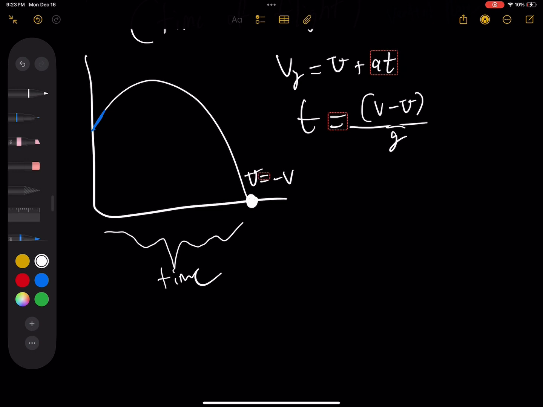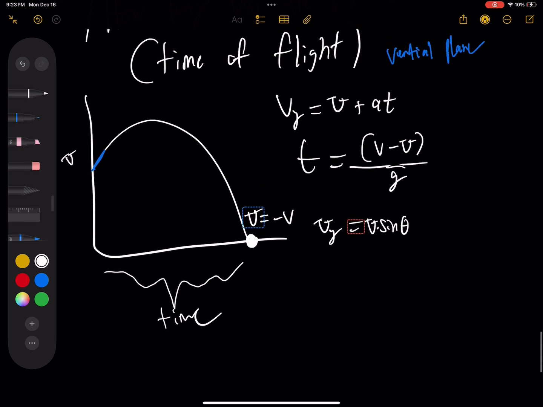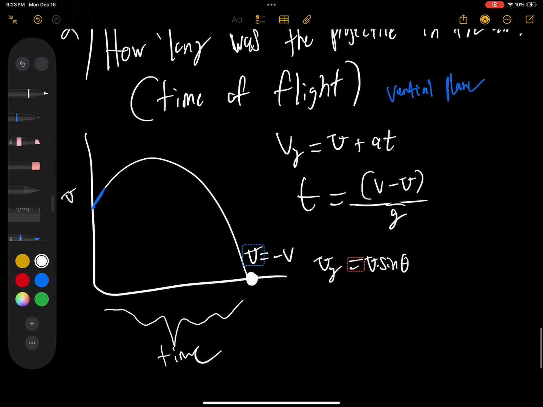So our initial y velocity is going to be equal to u times sine theta again, where this is the normal u, and then the vertical component, the initial speed.